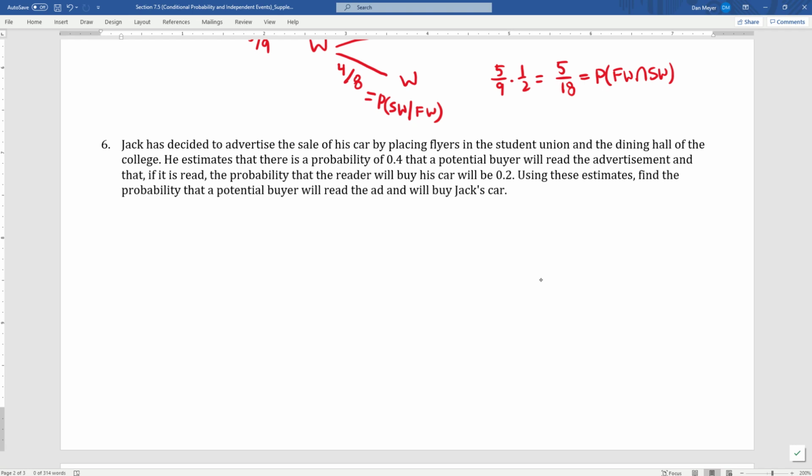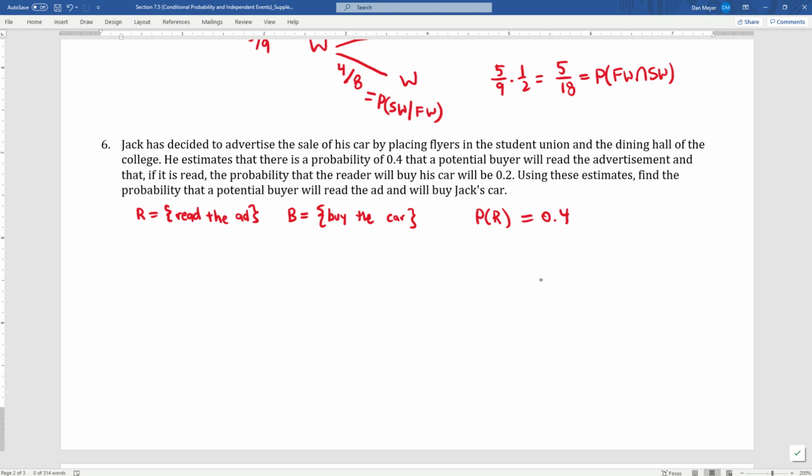All right, so we got 2 events here. We have the event R, where the potential buyer reads the ad. And we also have event B, the event that the potential buyer will buy the car. The probability of R, the probability that a potential buyer will read the advertisement, is 0.4.